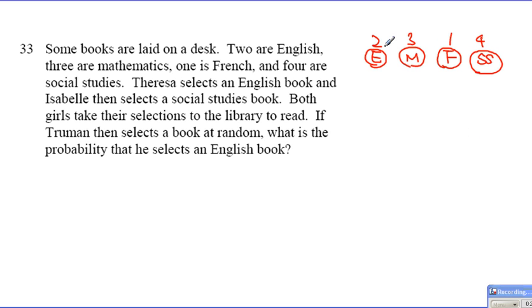And Theresa selects 1 English book, so now we have only 1. And Isabelle then selects a social studies book. Becomes 3. And then we are looking for the probability that he selects an English book. So we only have 1 out of how many? 1, 3, 1, 3, which is 1 out of 8.